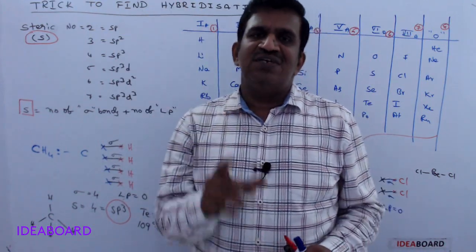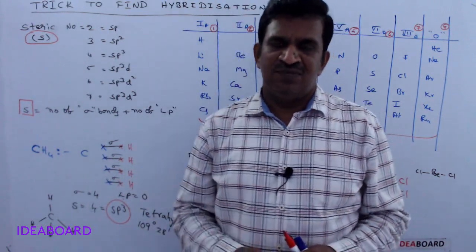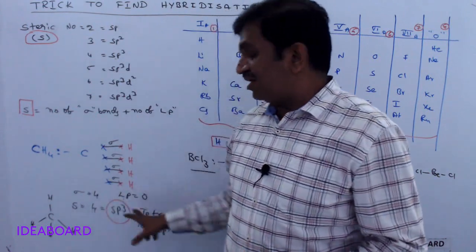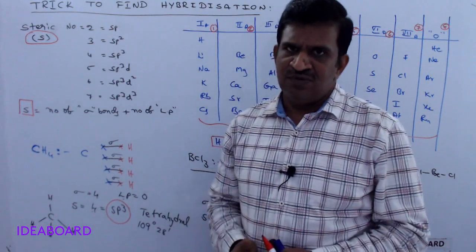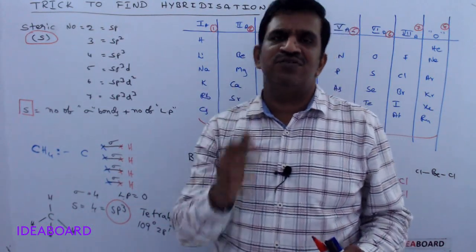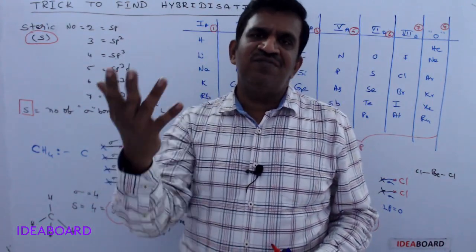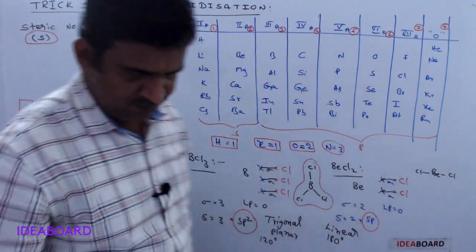First I will give as per the hybridization concept. As per the hybridization concept, if only bond pairs are present, you can consider bond pairs as sigma bonds also. You go through the table, then we will go for the lone pairs if present.